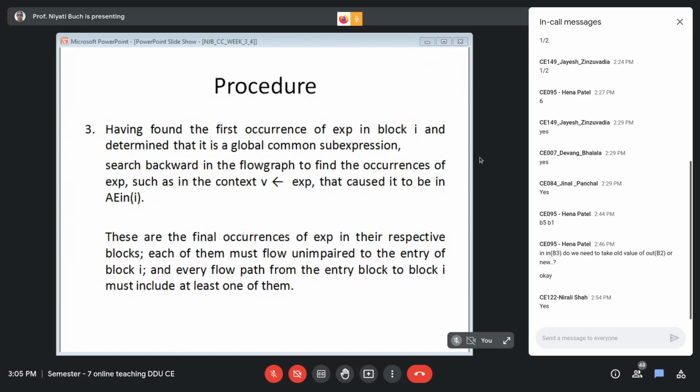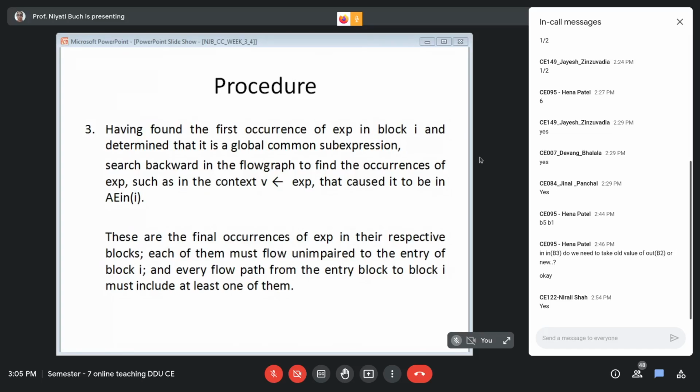The expression you are able to find on the right is assigned to some variable b, and because of that it is present in our available expression set. So you have to search backwards in the flow graph and find out.